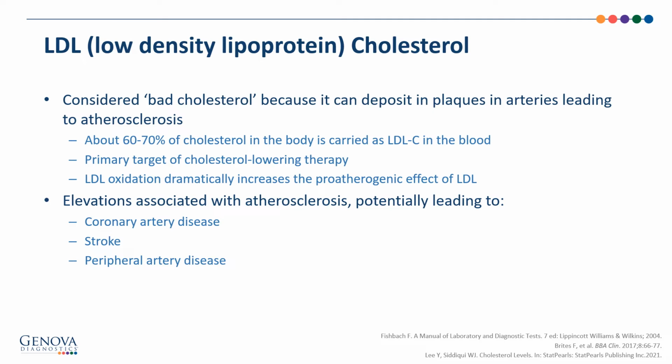This is what many cardiovascular agents are targeted toward lowering when high, especially from the research done in the early 20th century, linking high LDLs to atherosclerosis and ultimately conditions like coronary artery disease, stroke, and peripheral artery disease.